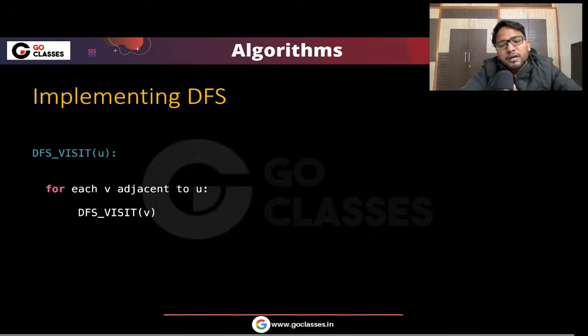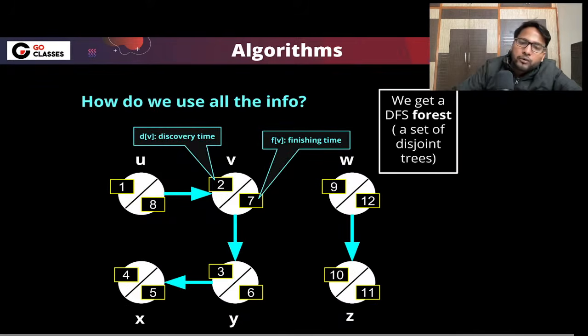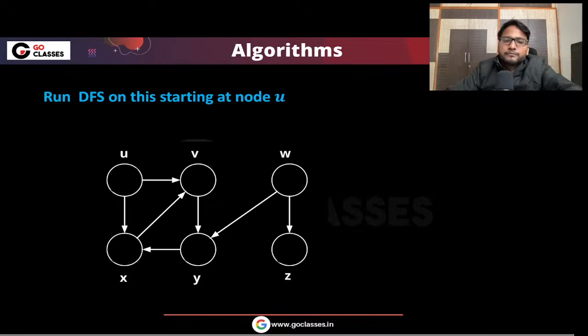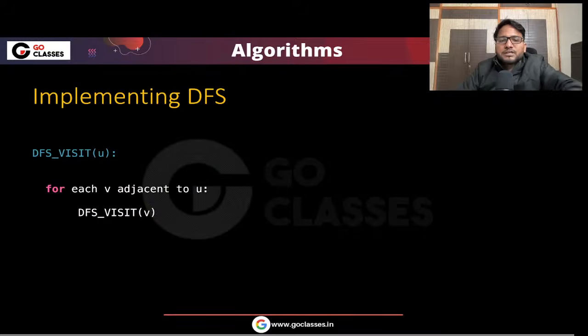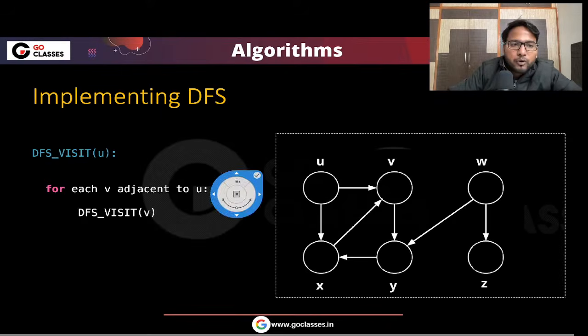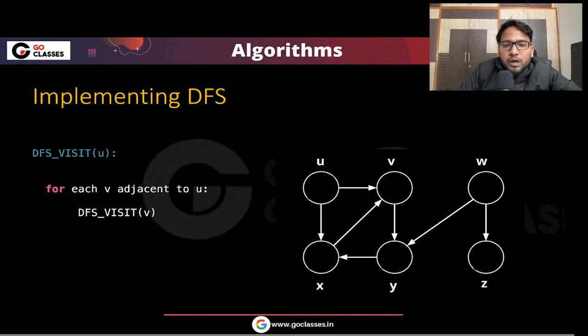Now, how to implement it? See, for every node, what are we doing? Tell me, for every node, what are we doing? Let's suppose this is the graph and we want to implement it. For every node, we are saying let's go to the neighbors.